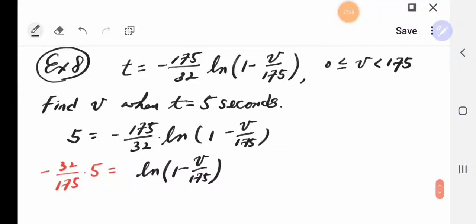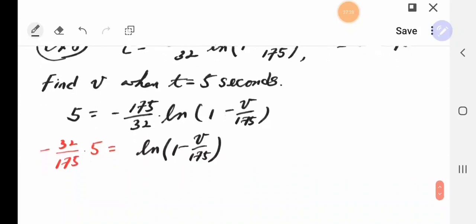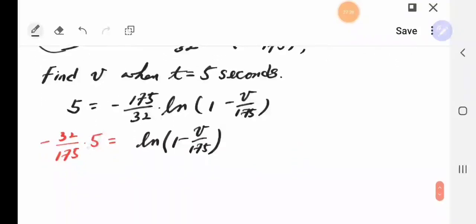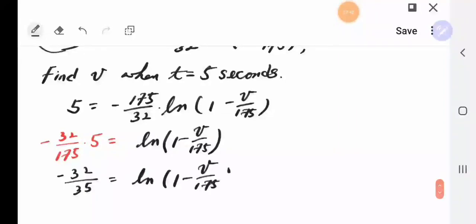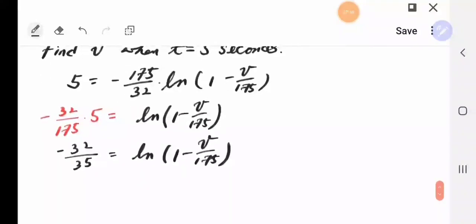Then the left hand side, you can reduce this 5 and the denominator 175, so that is negative 32 divided by 35. Okay, and now we simplified.